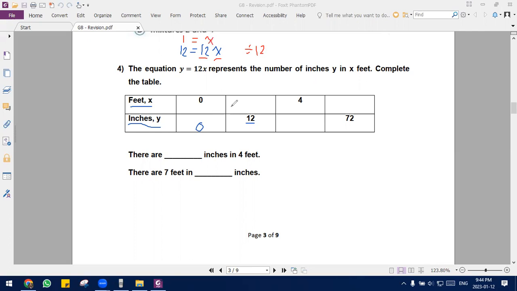So x equal to 1. Now, next one, we have 4 feet, which is x. We just substitute instead of x, we substitute by 4. So you do 12 times 4, which will give you 48.